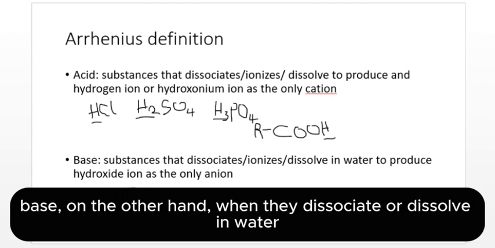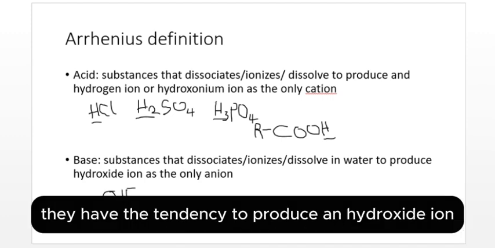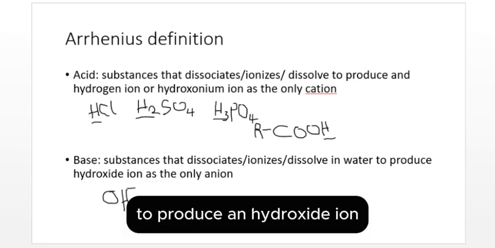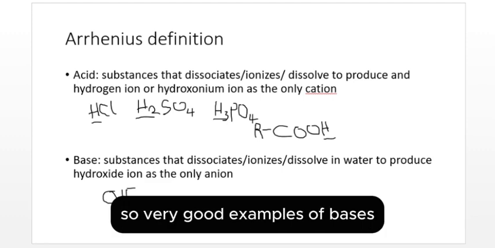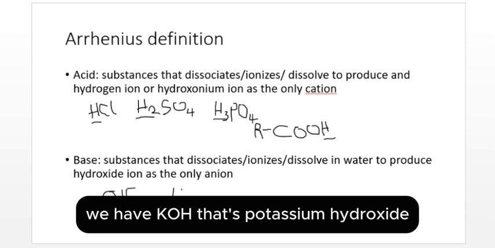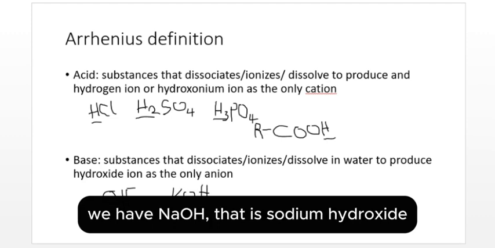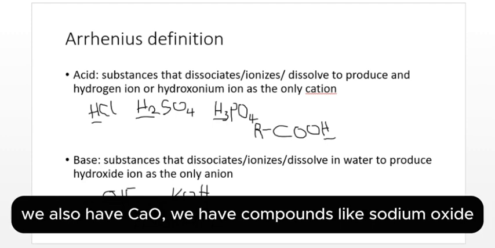Bases, on the other hand, when they dissociate or dissolve in water, have the tendency to produce a hydroxide ion. Very good examples of bases are KOH, that's potassium hydroxide, NaOH, that is sodium hydroxide, and CaO, and compounds like sodium oxide.